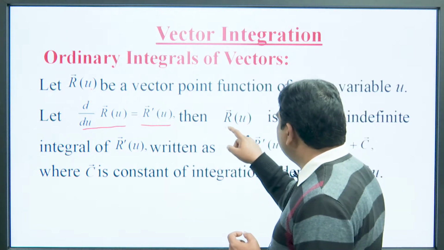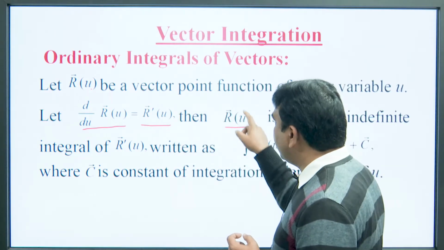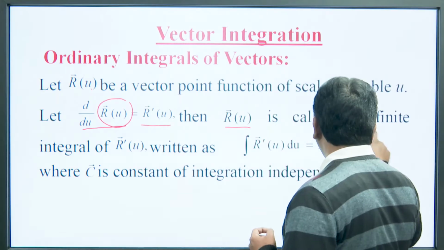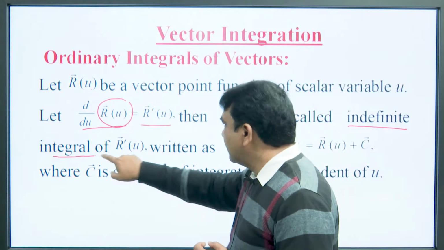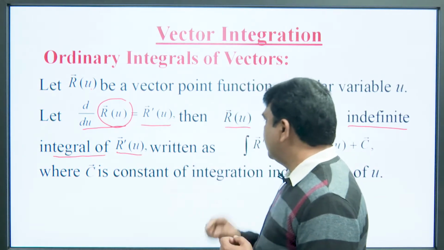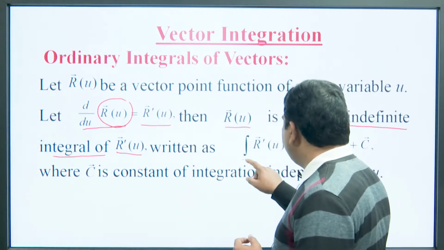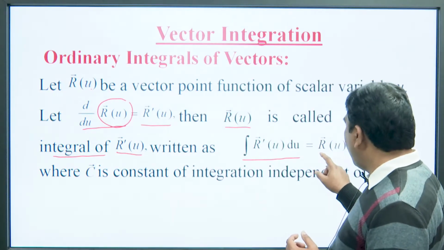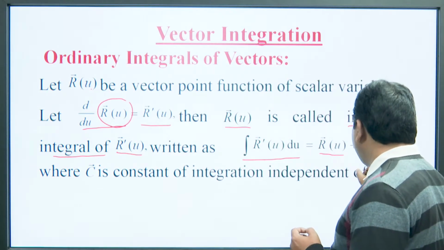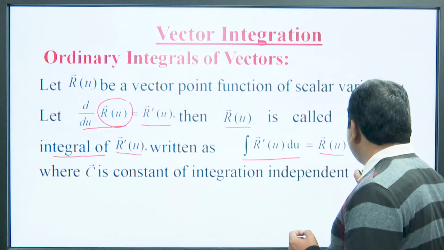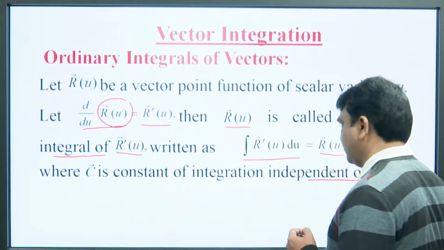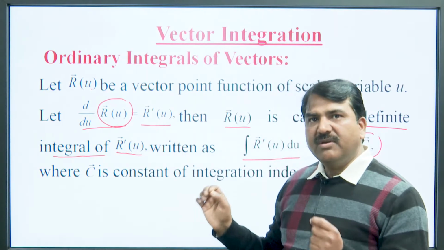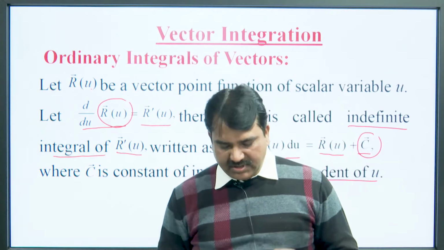Then this vector r is called the indefinite integral of r dash u, and it is written as integral r dash u with respect to u, which becomes r u plus a constant vector c, which is independent of u. In this way we define the indefinite integral of any vector point function of a scalar variable u.